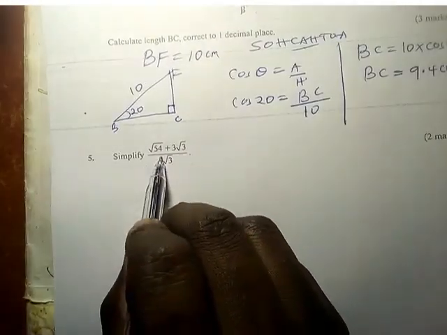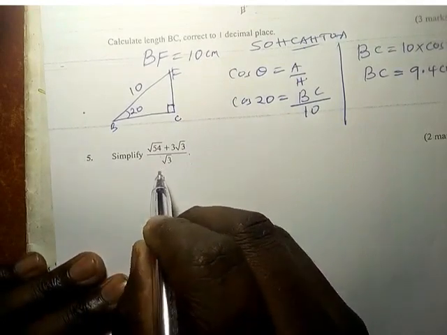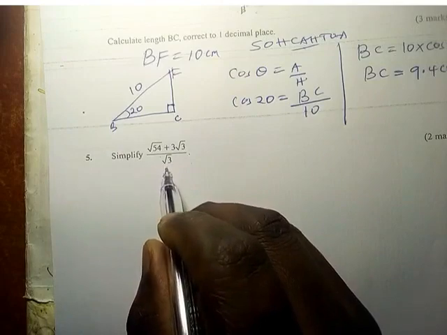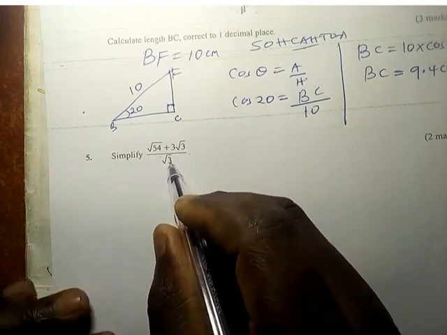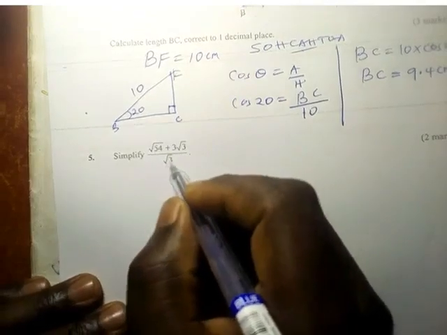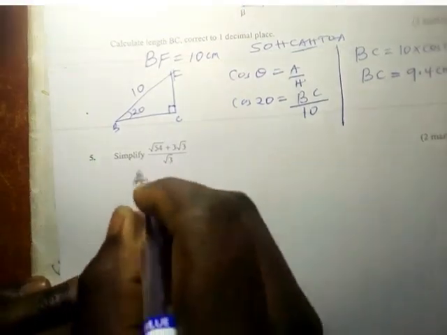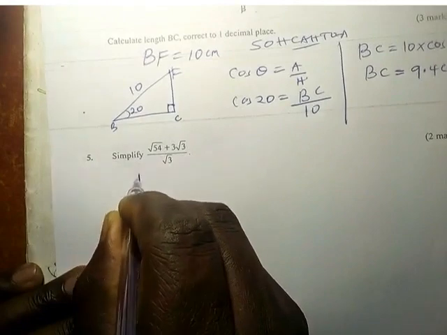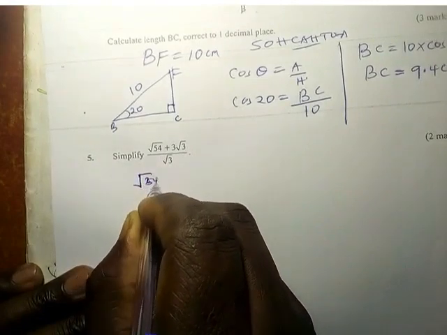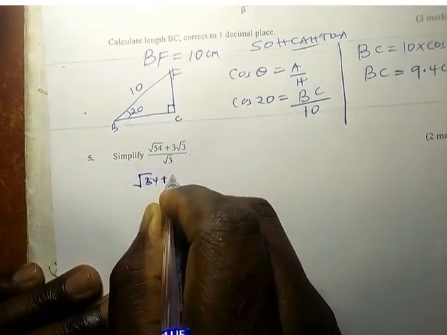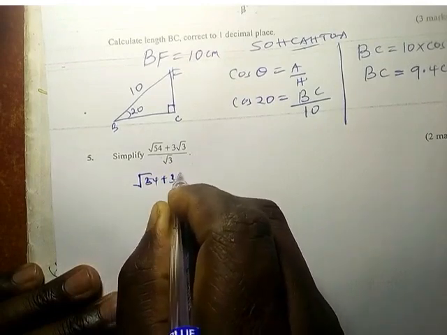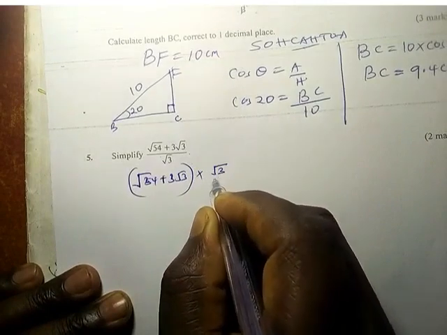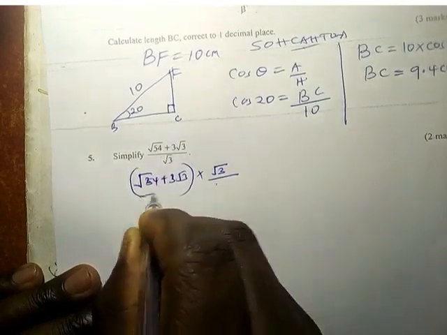Simplify surds. This is now surds. So the denominator is root 3. So the conjugate of this one is just root 3. So we are going to multiply with root 3 on the numerator and the denominator. So now root 54 plus 3 root 3, everything we multiply with the root.